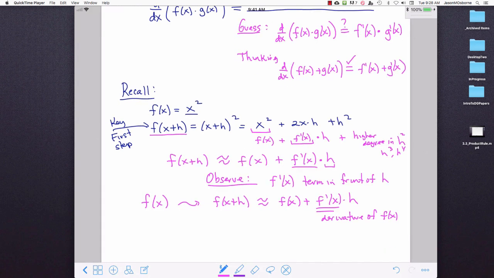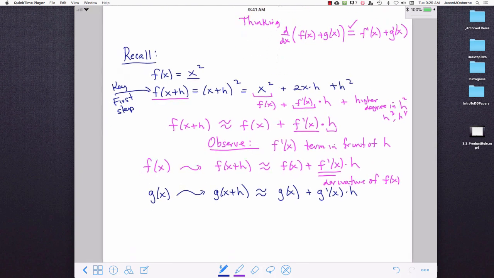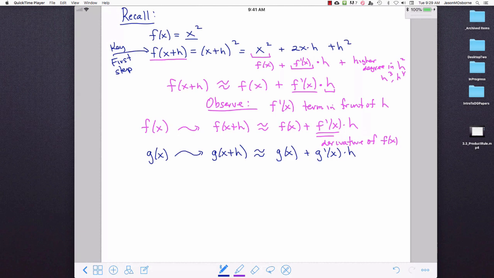Now, the same goes for a function g of x. If you want to find the derivative of g of x, you could put in g of x plus h, and that g of x plus h is going to be approximately the function itself, g of x, plus a little bit more, and that little bit more comes from the derivative of the function g multiplied by h. So these are what we know, okay?